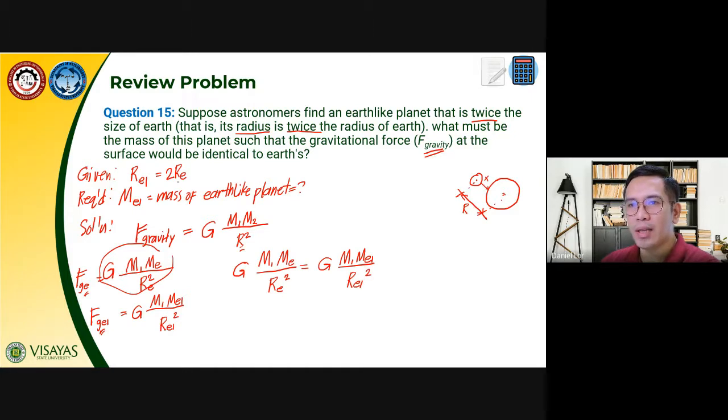However, we know that R_EL is 2 times the radius of the Earth. Before we rewrite, we can already cancel out the factors G and the first mass.